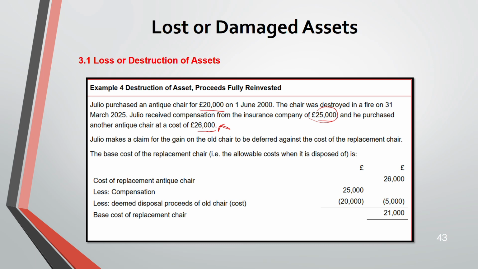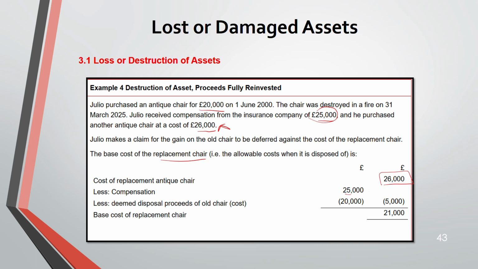Okay. Now, we'll calculate the base cost of the replacement chair. That means what will be the cost of the replacement chair now. So first, the cost of the chair is 26,000, right? Now less the compensation. From compensation we deduct the proceeds of the old chair.